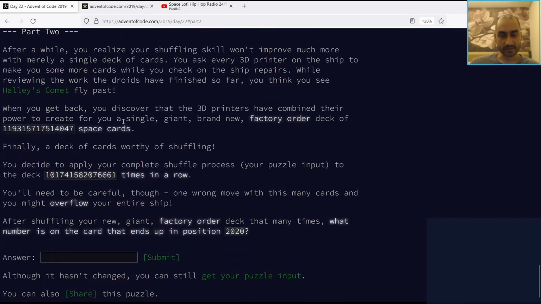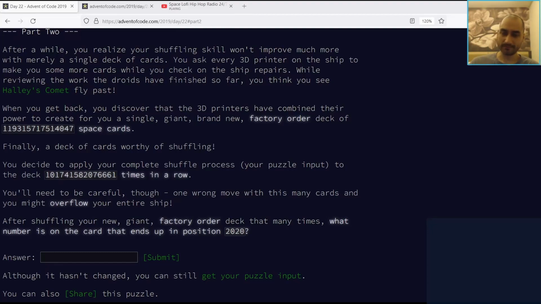This whole process corresponds to a permutation. So once we know what that permutation is, even though it's for this many cards, we can work out what the permutation is without actually shuffling the cards around.